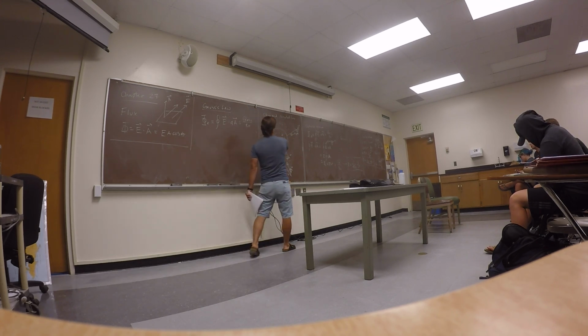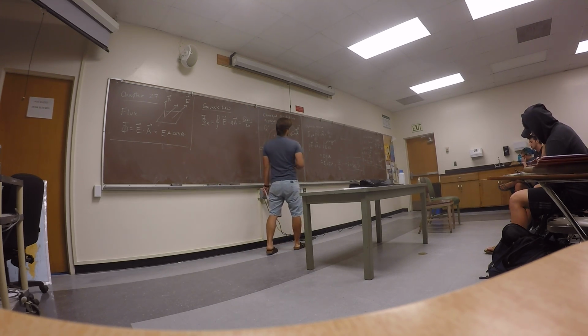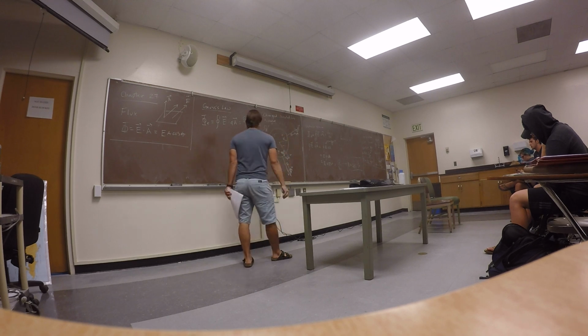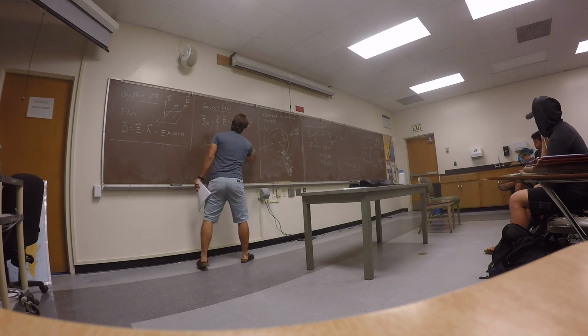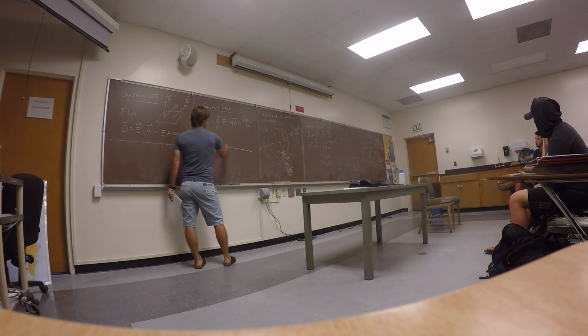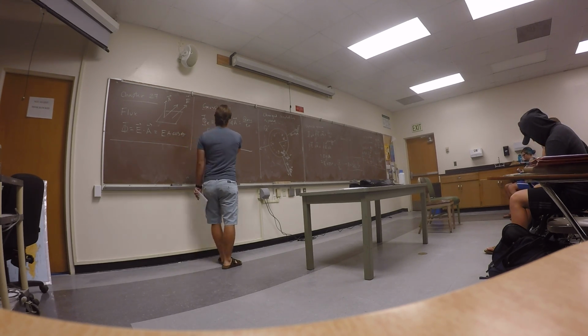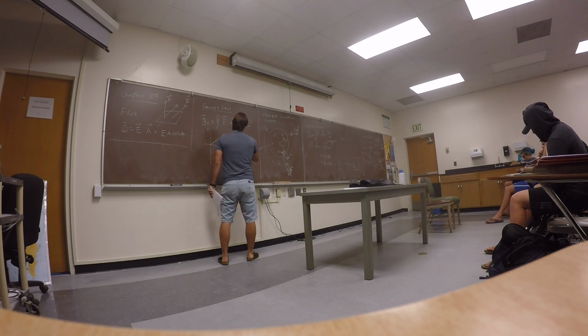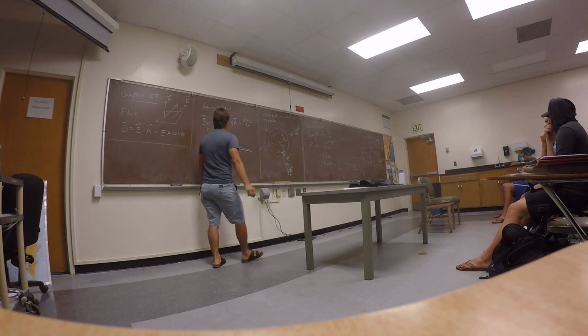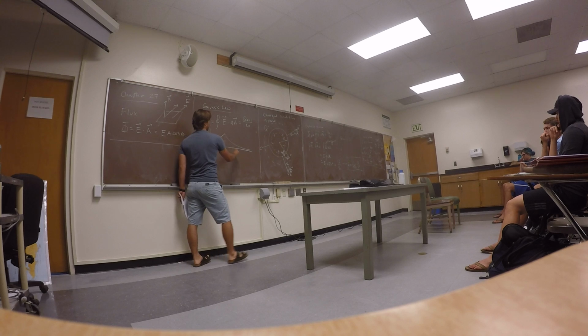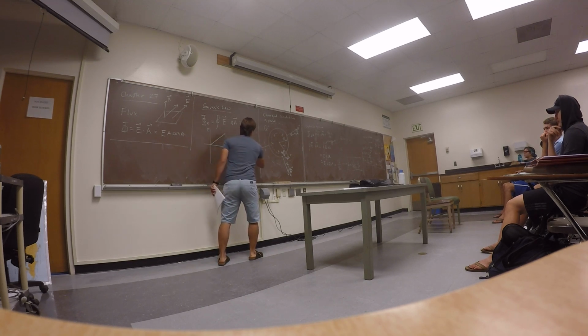Here it increases as r, so linearly as you go out. And if you wanted to plot this, it would look something like this. Here is r. This is your electric field. It grows linearly as you get up to there, and then it decreases as 1 over r squared as you get farther away.